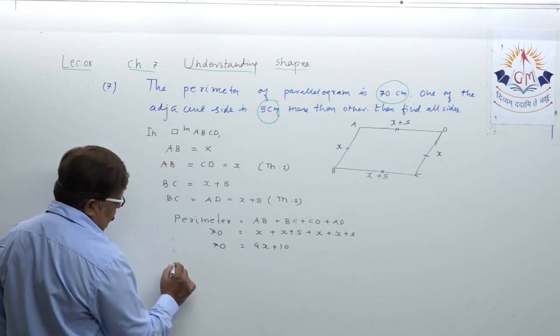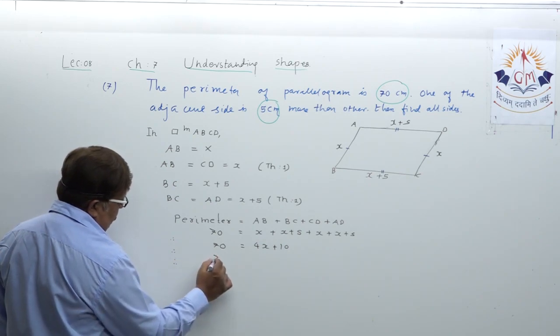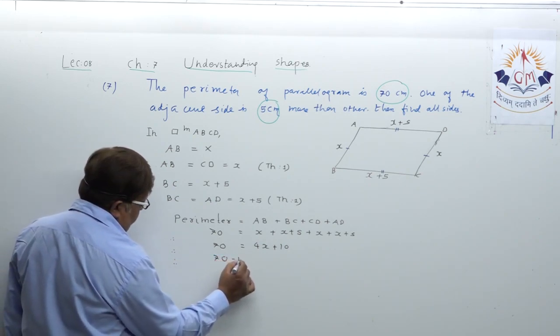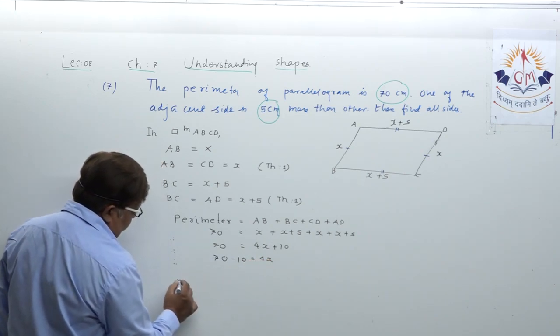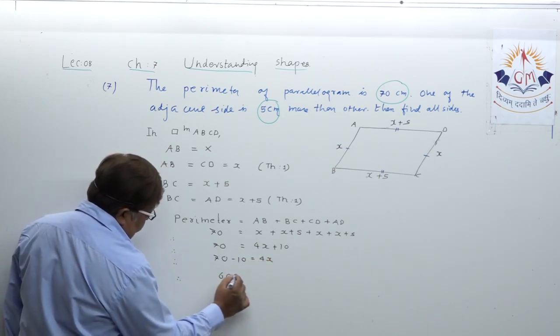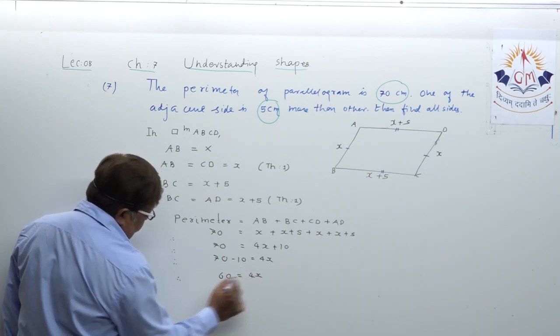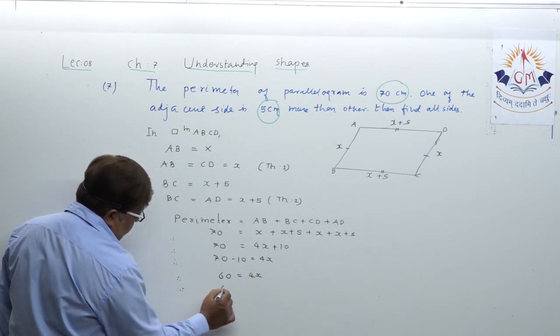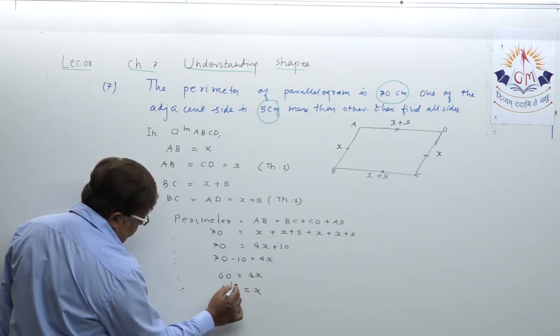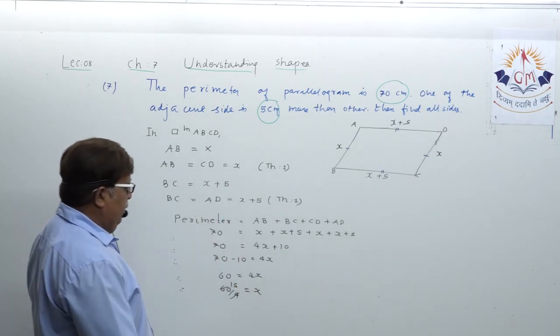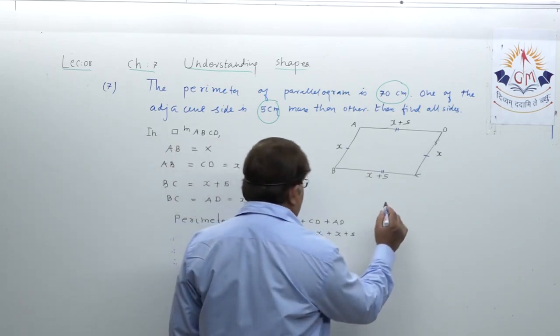You might have done this way. 70 minus 10 equal to 4x. 60 equal to 4x. 60 upon 4 equal to x. We got x equal to 15. Okay.